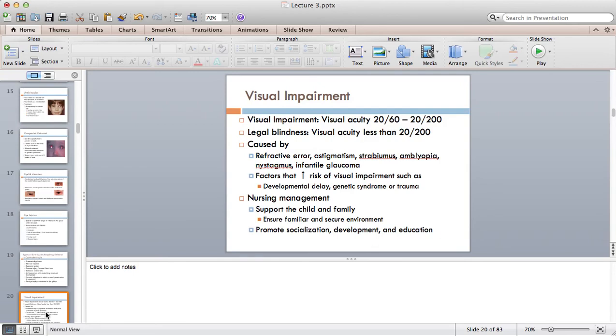So again, we're putting in here by classification. Anybody that sees 20/200 is defined as legally blind. Okay. So if you look here, all the conditions that we talked about previously can cause legal blindness.